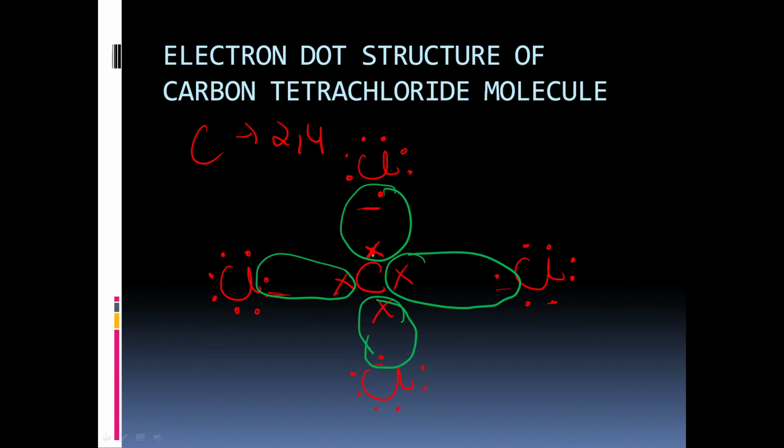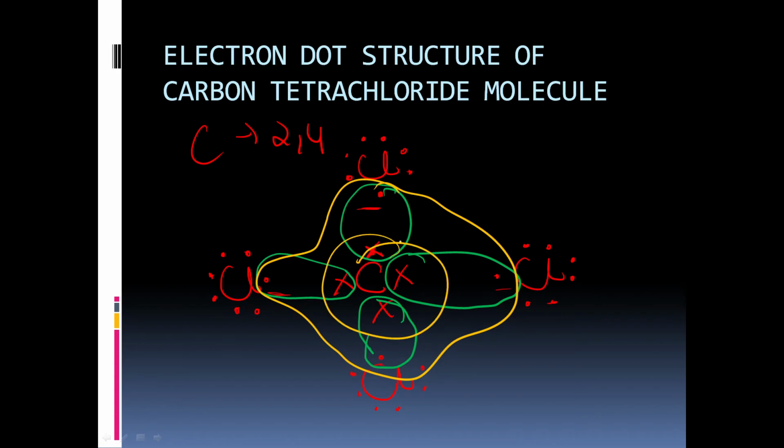So now chlorines are stable because they shared one electron from carbon. But carbon also wants to be stable. Now what will carbon do is, it will also do the same thing. It will take 1 electron from each chlorine, and included in its own 4 valence electrons, 1 from each chlorine, that comes out to be 4.